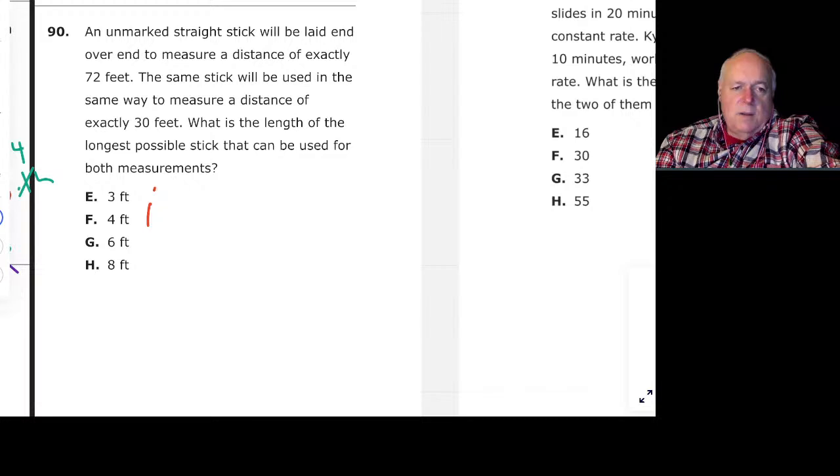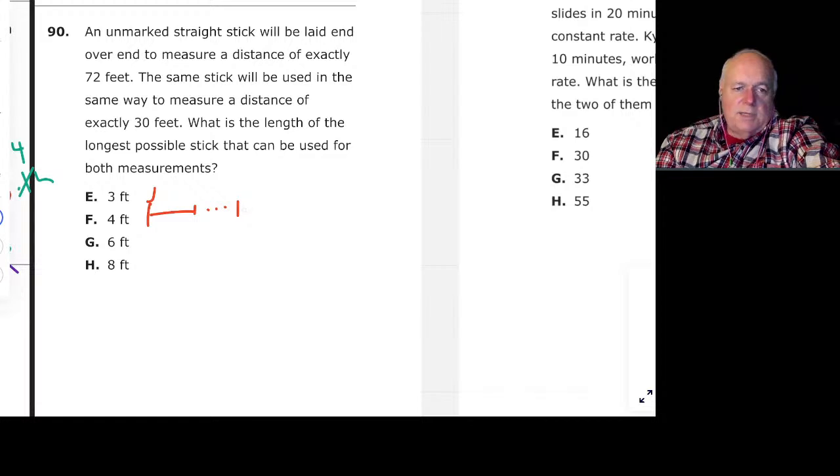And somehow we have a stick that I'm just going to end basically there. And I'm going to put dot, dot, dot, because we're going to lay it end to end many times. And then eventually we're going to get here, okay, which is equal to this thing here.